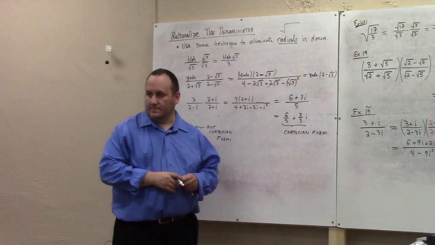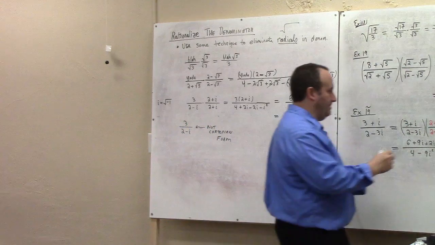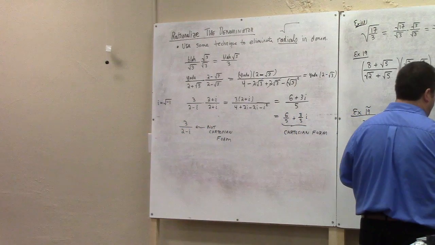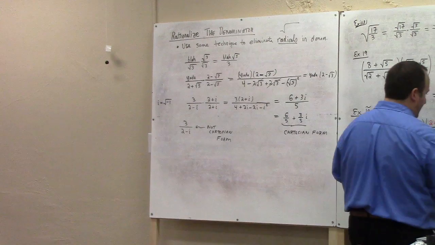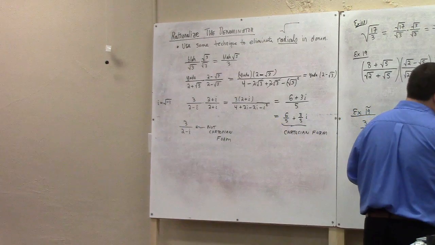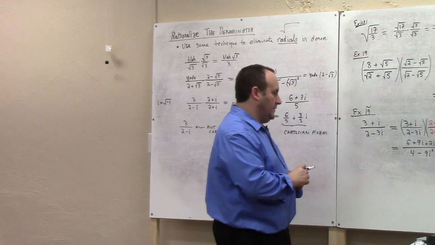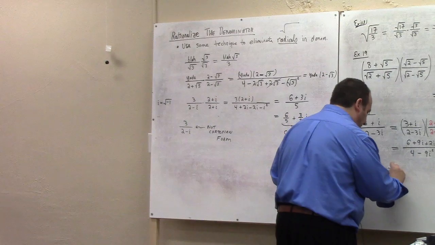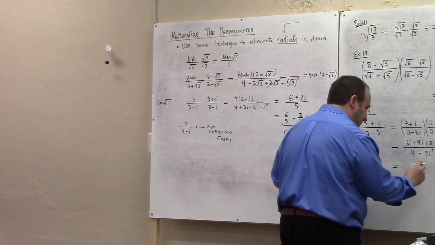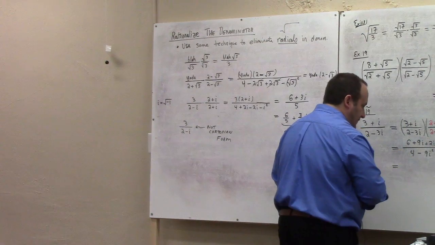What's i squared equal to? Negative 1. That's right, because i is the square root of -1. And so the denominator is actually 13, and in the numerator we've got 6 minus 3, which is 3.